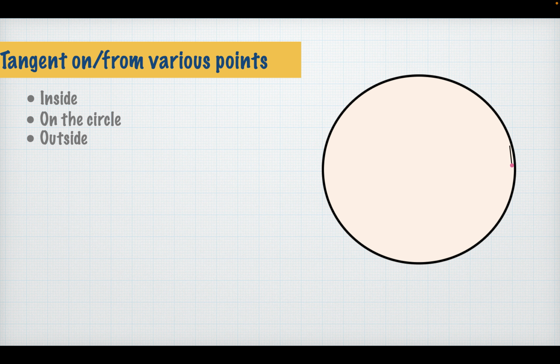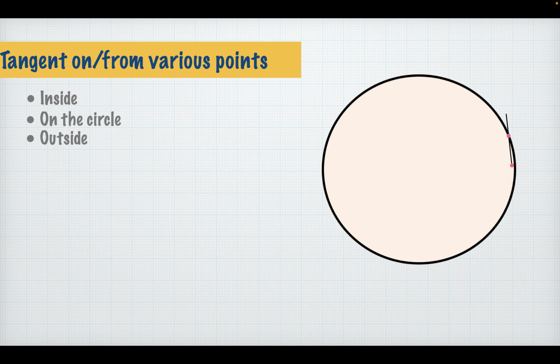I can try like this. I can draw this line, and then I want to touch this point, the pink one, the blinking one. So it doesn't matter what I try, I'm not going to just touch the point and not intersect the circle.